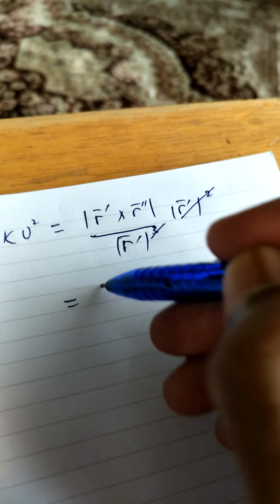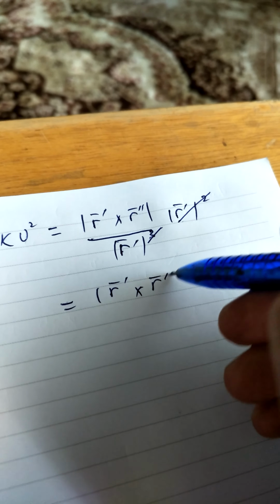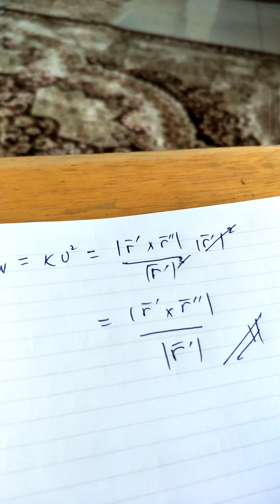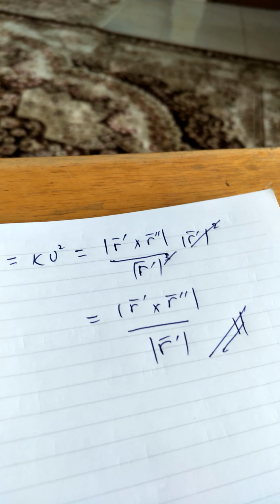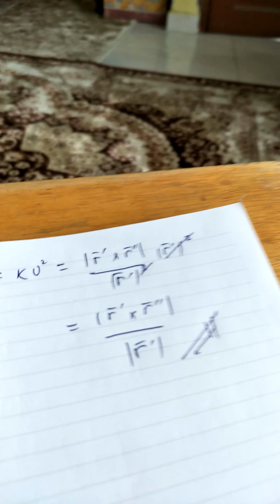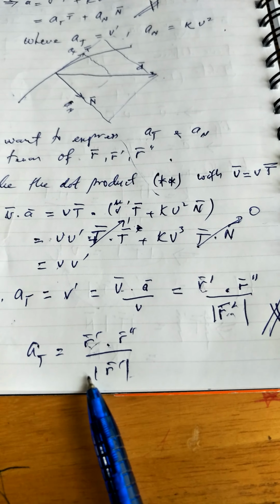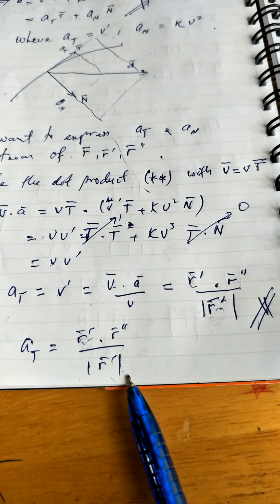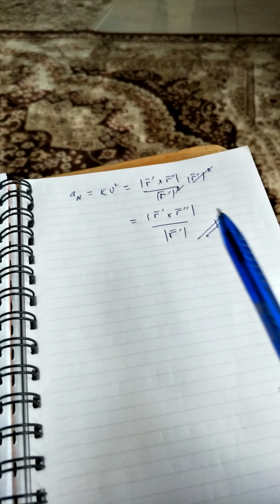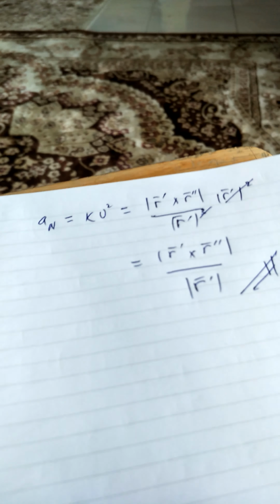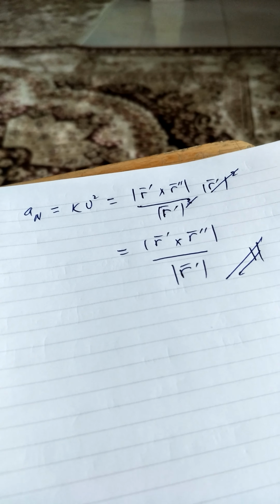What is left is the magnitude of r prime cross r double prime over the magnitude of r prime. So we have written the component for the unit tangent as that, and the component for the unit normal as that for the acceleration. For the example, I'll give it in the next video. Thank you.